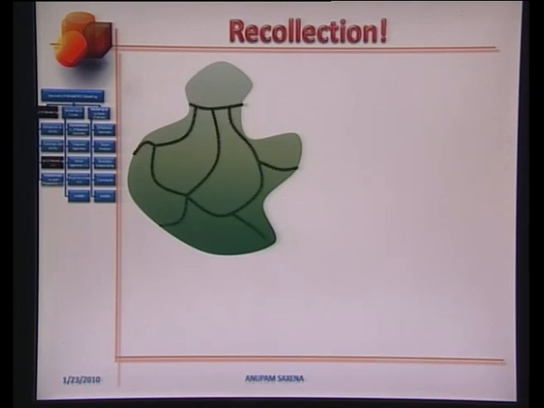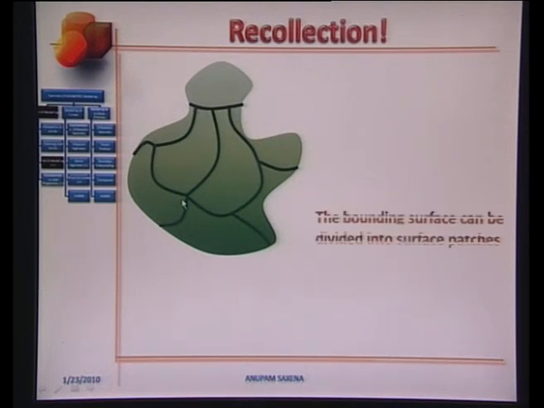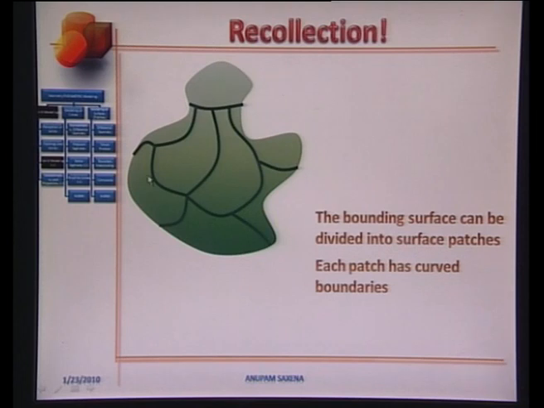In a sense, a simple closed orientable surface can be discretized into surface patches. In other words, the bounding surface can be divided into different surface patches. Each patch has curved boundaries, and each curve has endpoints.